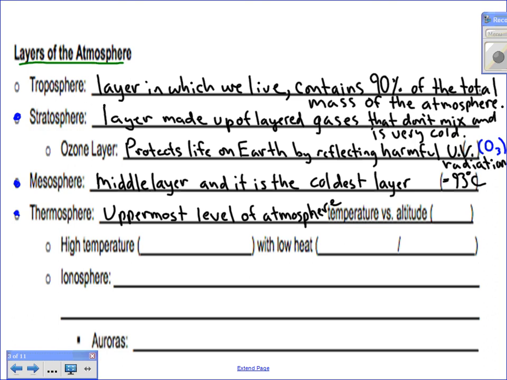What I would like to write is the fact that the temperature versus the altitude at this point is inverse.